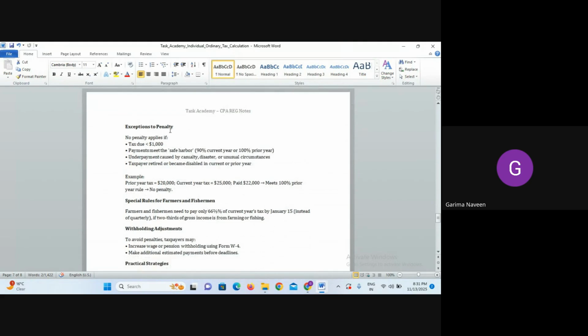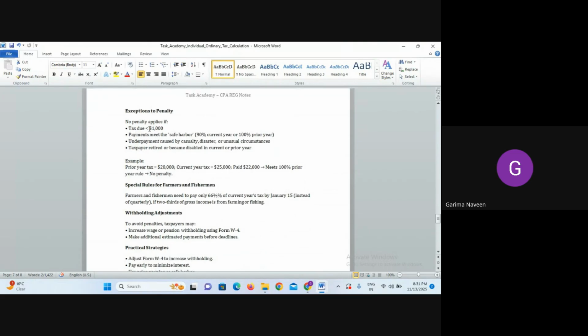Exceptions to the penalty: the penalty is not applied when your tax due is less than $1,000. So if your underpayment amount is less than $1,000, then the penalty will not apply.